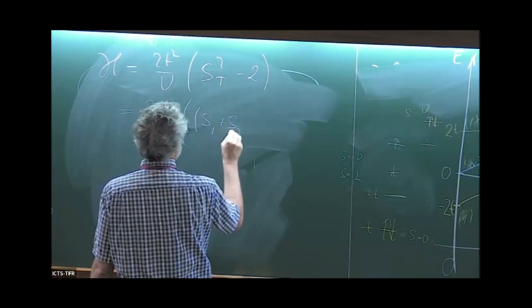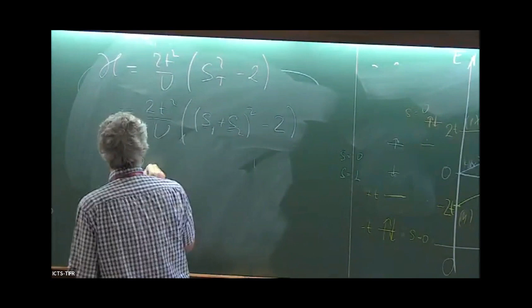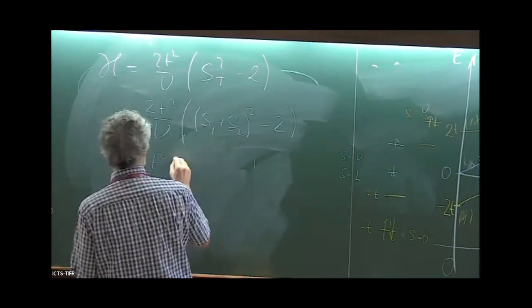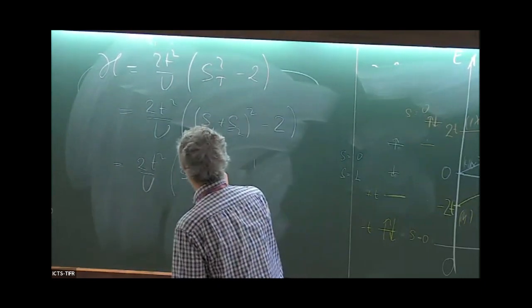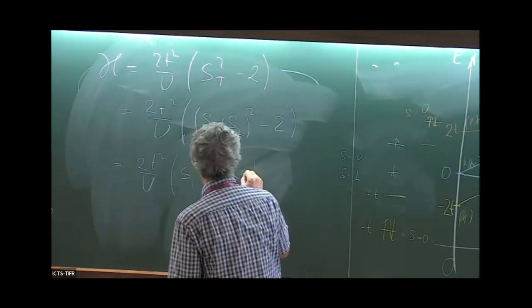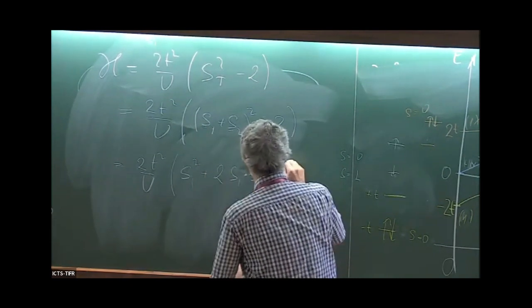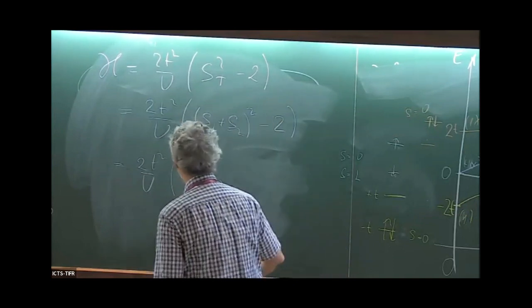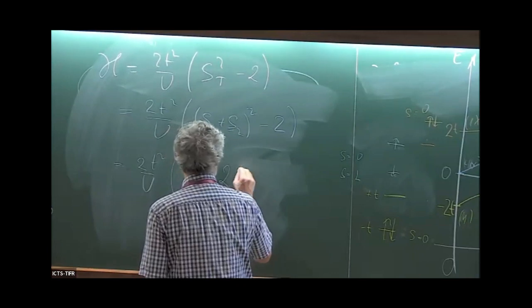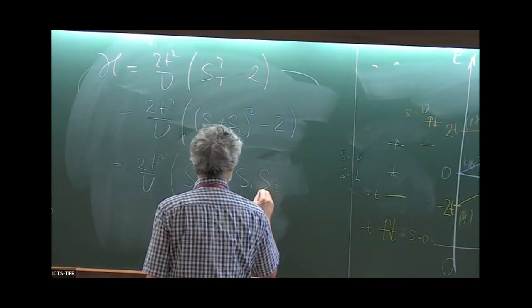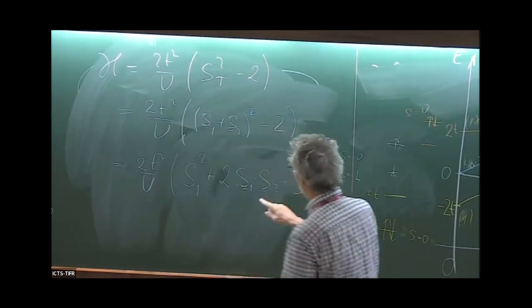Okay, so these are operators squared, and this will be 2t squared over U, S1 squared plus 2 S1 dot S2 plus S2 squared minus 2.